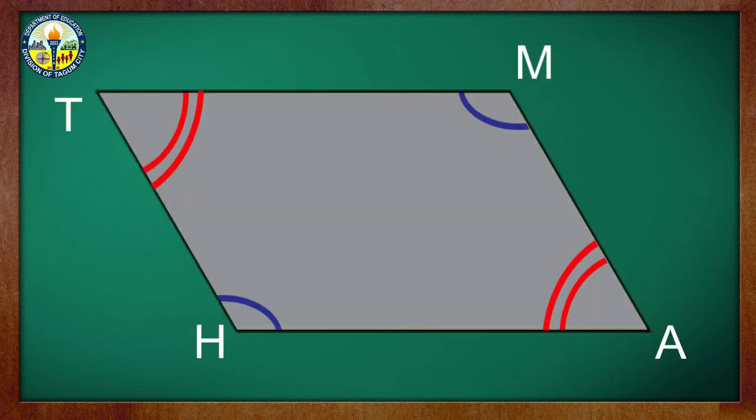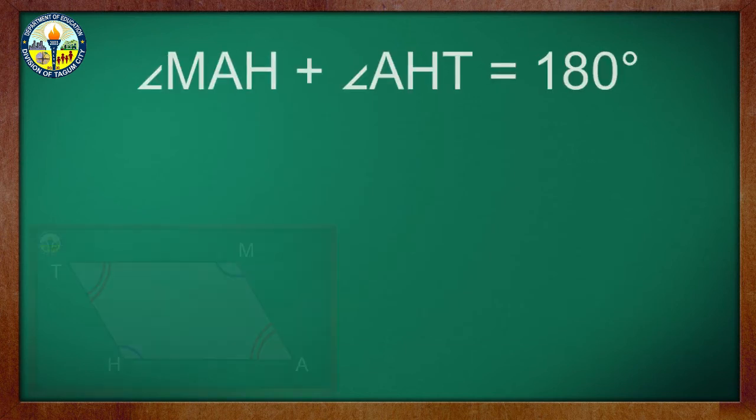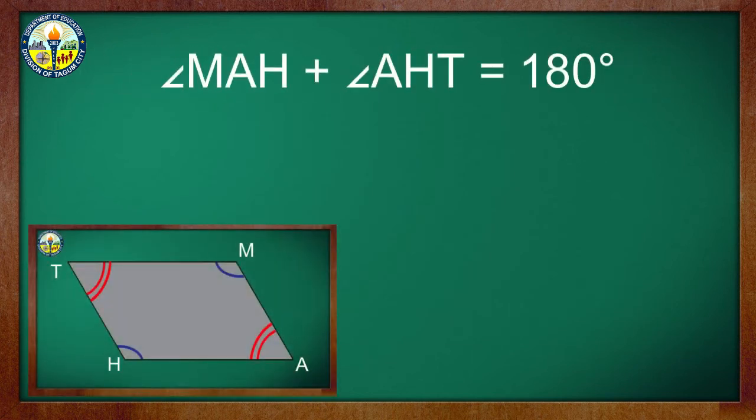If angle MEH is 35 degrees, then its consecutive angle EHT has a measure of 145 degrees. Why? Property number 3 says that any two consecutive angles are supplementary. So, angle MEH plus angle EHT is equal to 180 degrees.